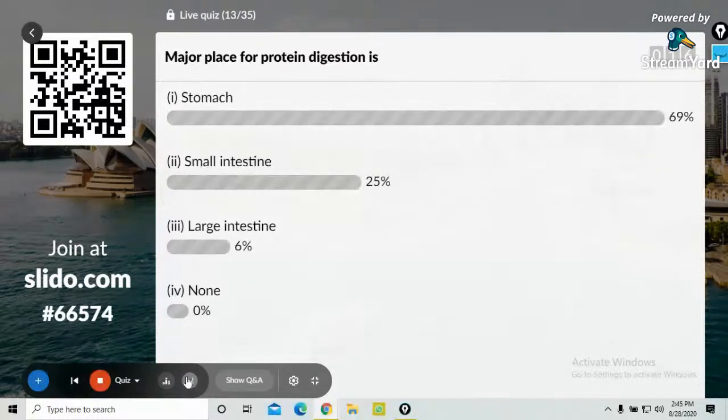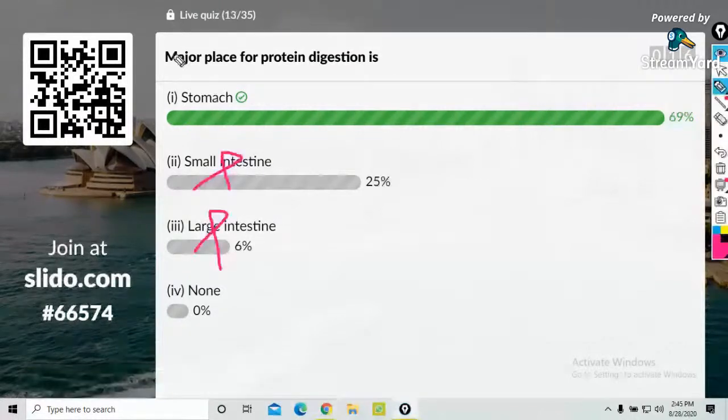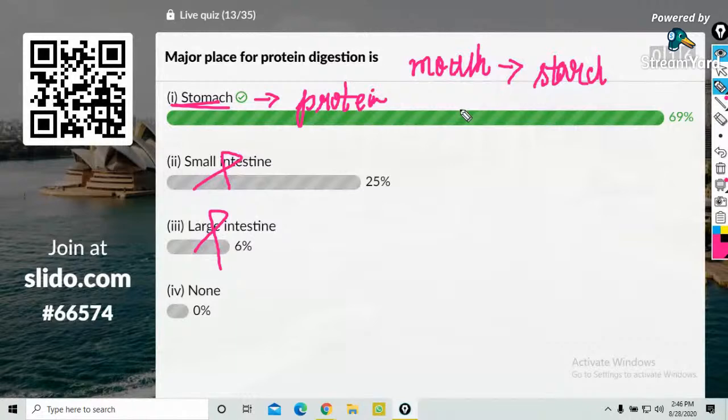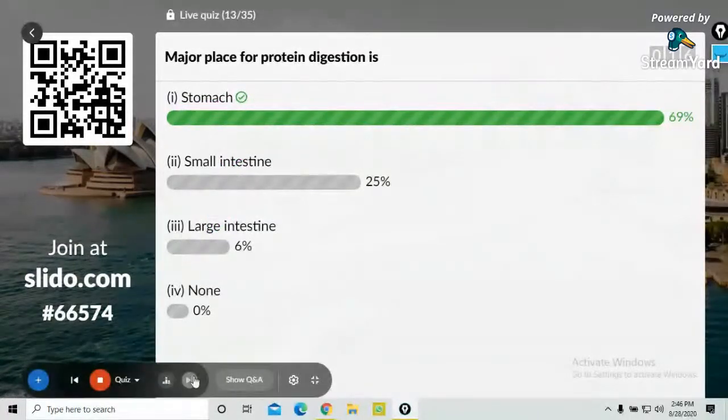It is not small intestine. It is not large intestine. It is always stomach. The buccal cavity or the mouth is the place where starch or carbohydrate digestion begins. Stomach is the place of the digestive system where protein digestion begins. Perfect. Next question on the screen.